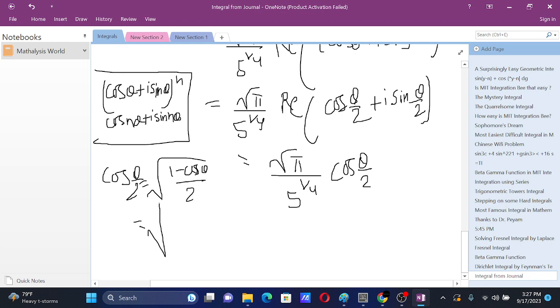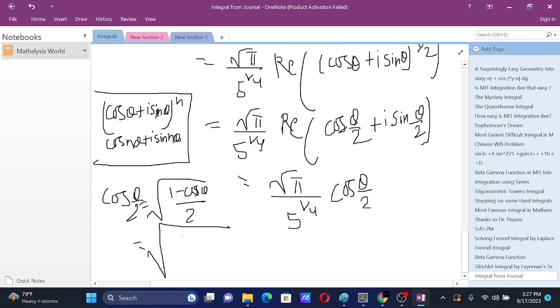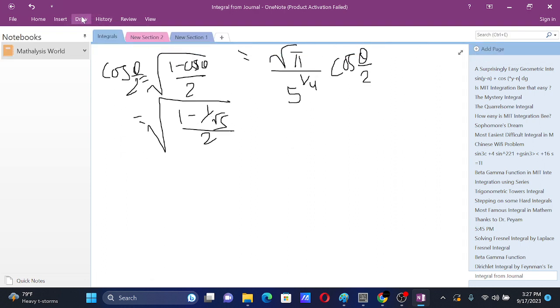And what's our cos theta? 1 by root 5. So 1 minus 1 by root 5, over 2. Okay, and now this will be root 5 minus 1 by 2 root 5.